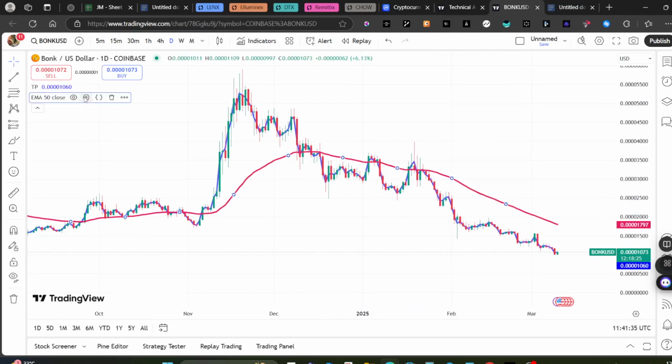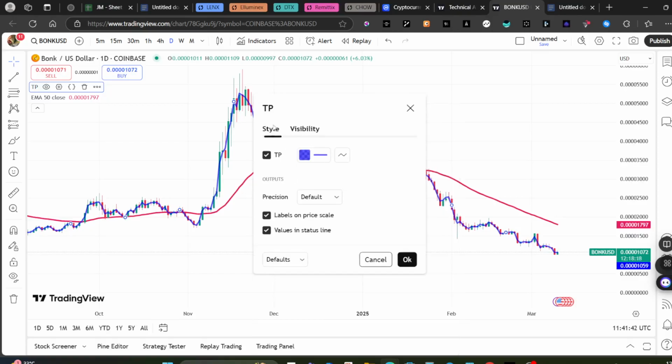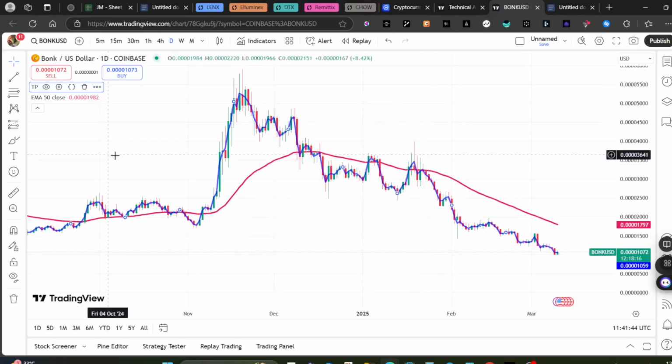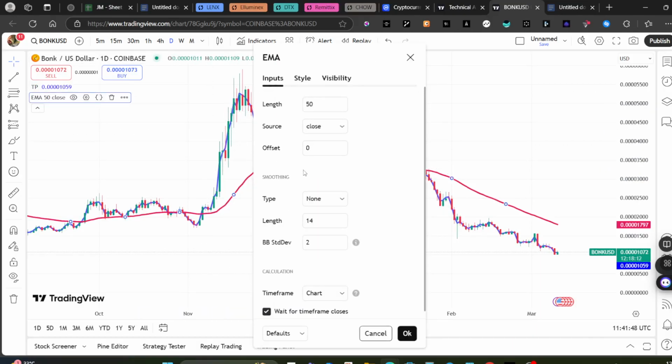Or let's even use the 20. Let's see what period this is. Okay, I guess that it's just the default. Let us just make this 20, considering the time frame.